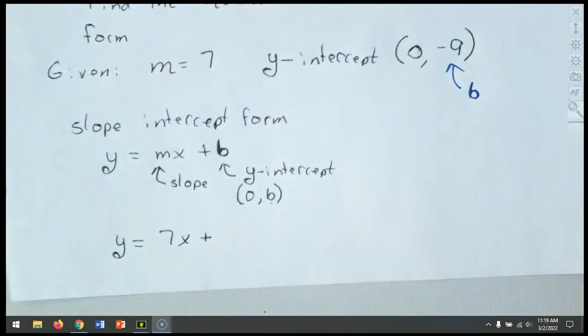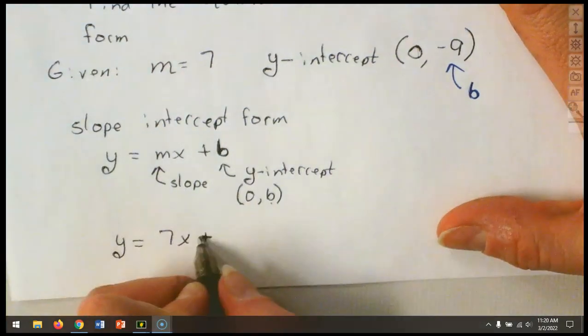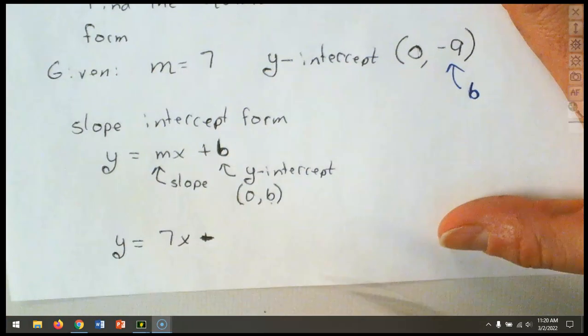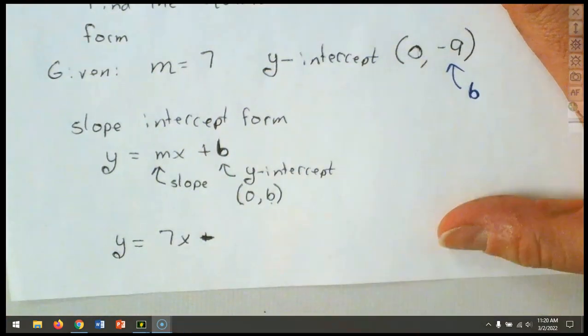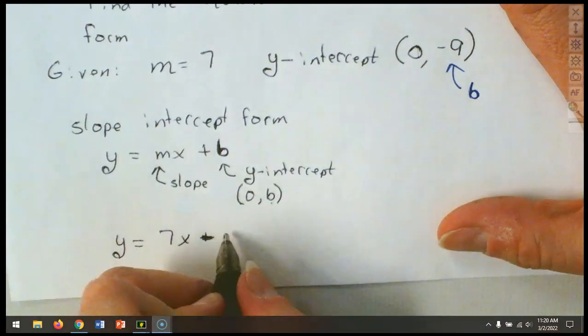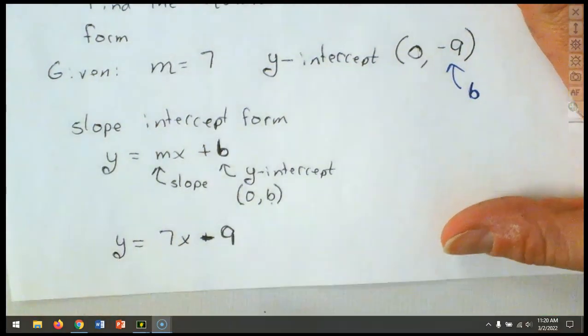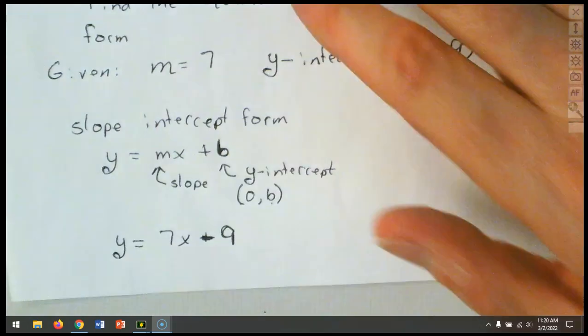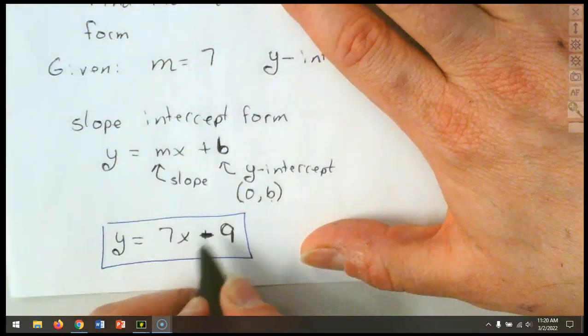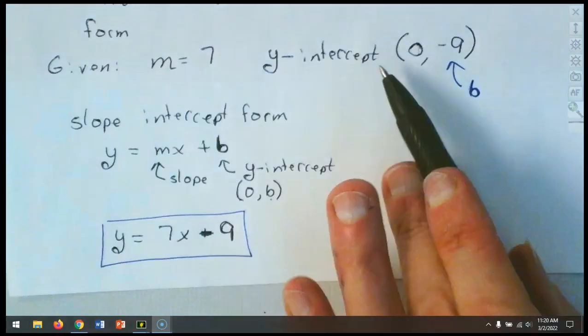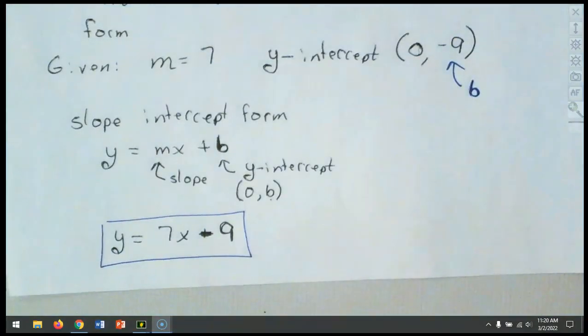So I can jump directly to my answer when you're given the y-intercept. And that would be then 7x. That represents your slope. Your y-intercept is 0, -9. So your b is -9. So your final answer then would be y equals 7x minus 9. Why? Because that's your y-intercept. So if they give you the y-intercept, it's actually going to be easier.